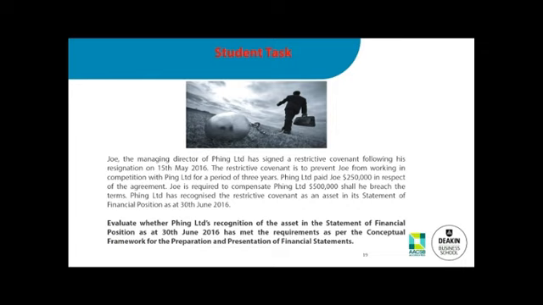Think Limited paid Joe $250,000 in respect of the agreement. Joe is required to compensate Think Limited $500,000 should he breach the terms. Think Limited has recognized the restrictive covenant as an asset in its statement of financial position as at 30th June 2016. So this is the case.